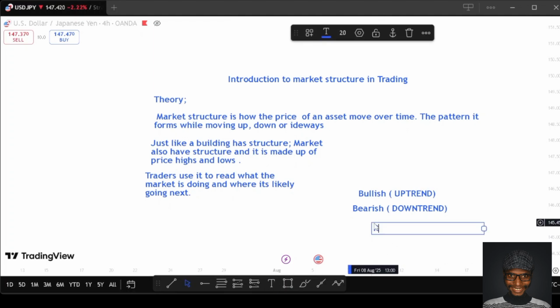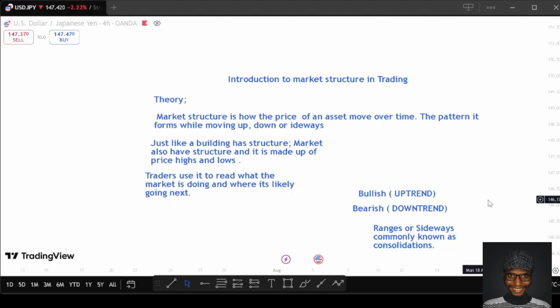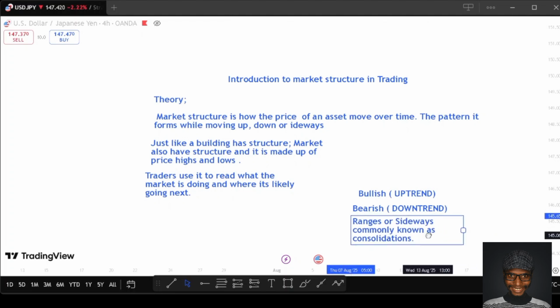Call this range or sideways, commonly known as consolidation.